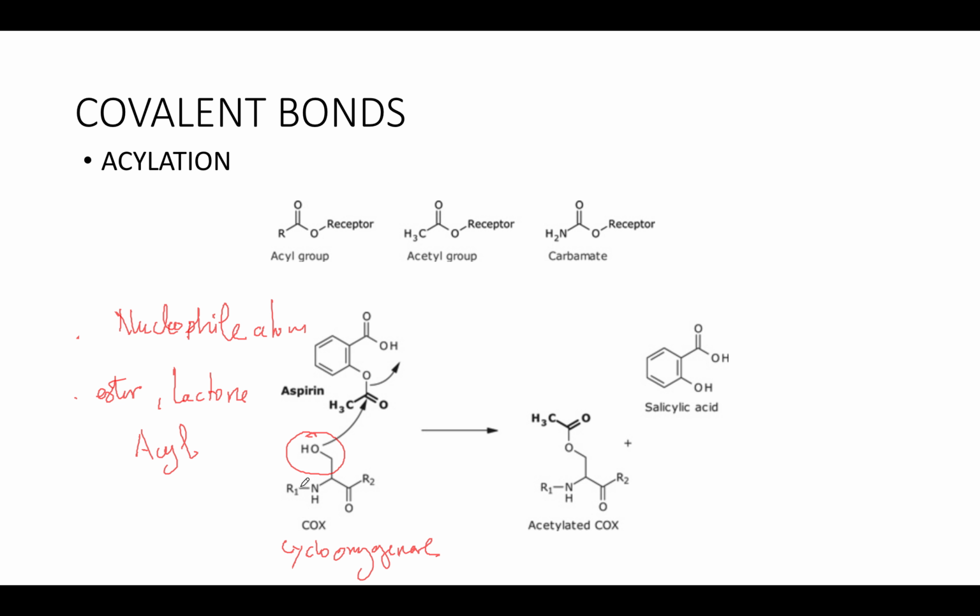So the hydroxyl of the serine in cyclooxygenase is going to attack this electrophilic position, resulting in the acylation of the cyclooxygenase protein.